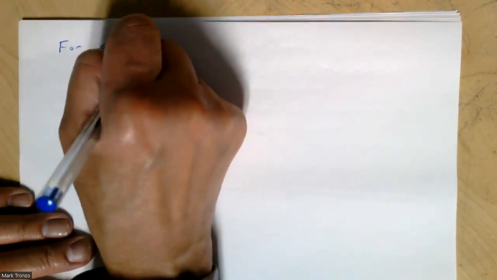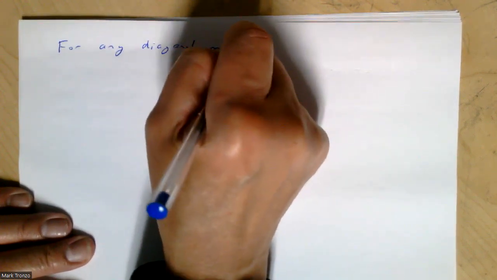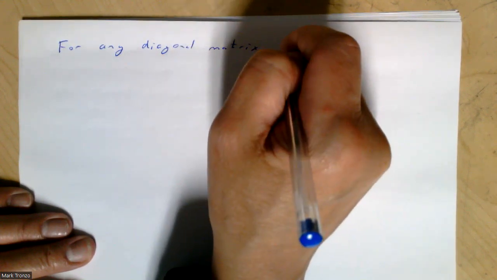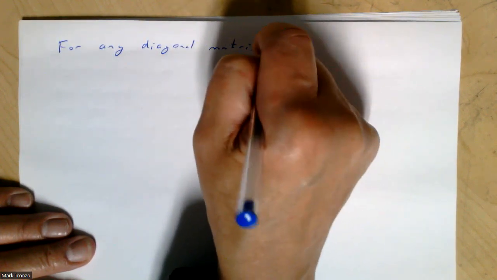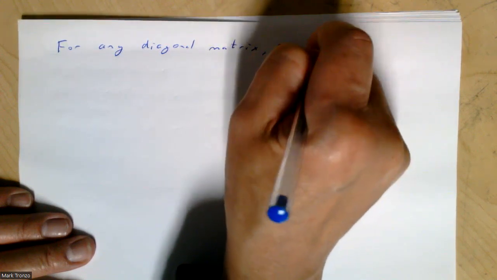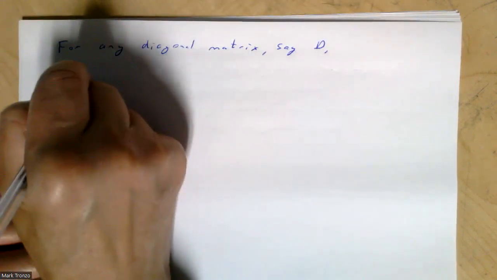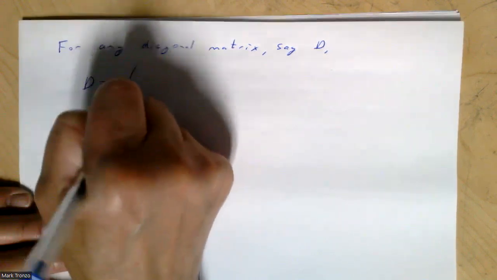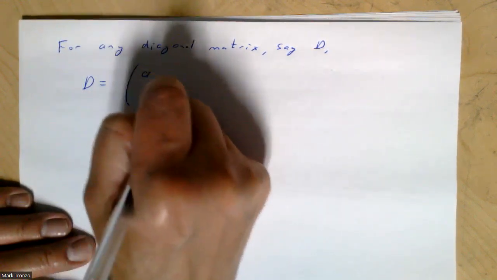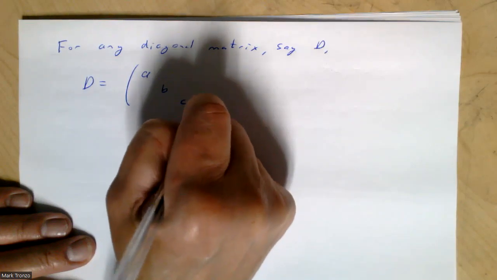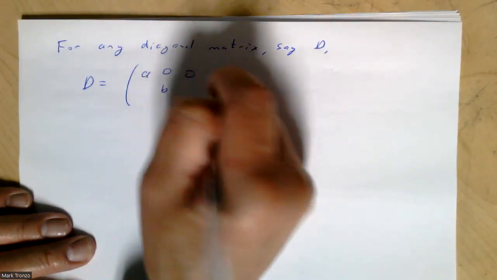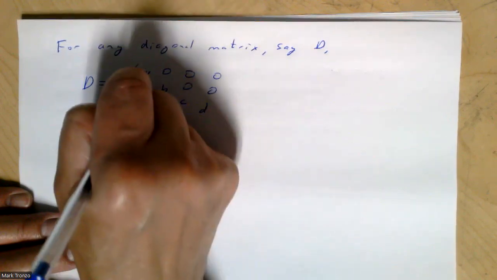Now, just a couple final things here. For any diagonal matrix, say D, let me just pick a 4 by 4 with entries a, b, c, d. Again, it's a diagonal matrix, so there are zeros everywhere.